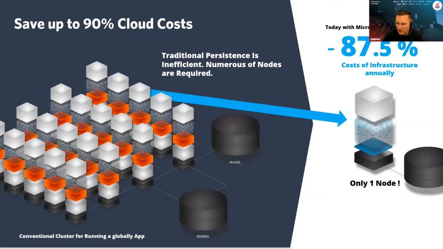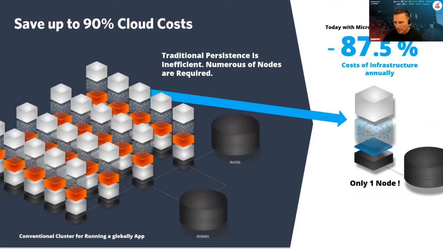Here we have a simple example. It was a project at Allianz insurance company in Munich. So we have planned a traditional cluster, and today this application runs on only one single machine. It's highly available, so actually 2 machines.